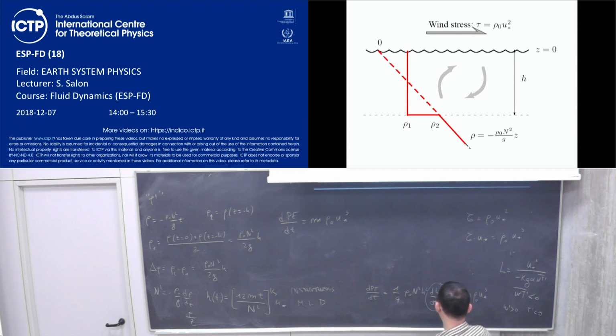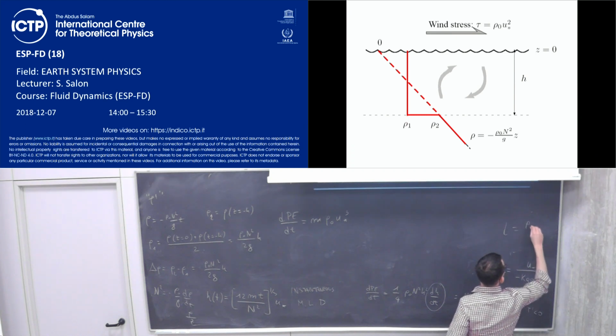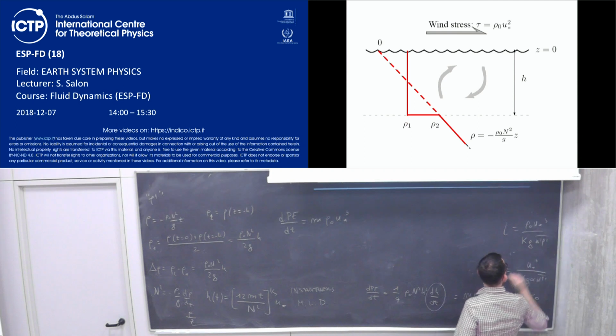Are we able now to create a link between this expression here and the Monin-Obukhov length? So the Monin-Obukhov length had this form here, but also the previous one, which was rho 0 u star cube over k g w prime rho prime.